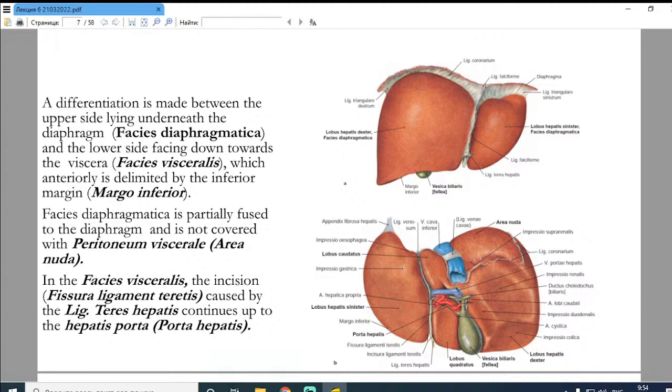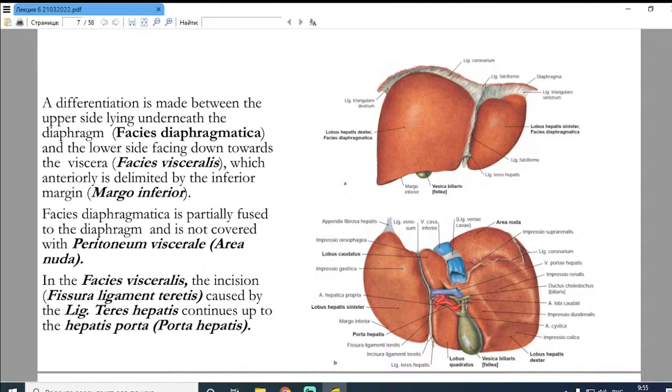The facies diaphragmatica is partially fused to the diaphragm and is not covered with peritoneum viscerale: the area nuda.